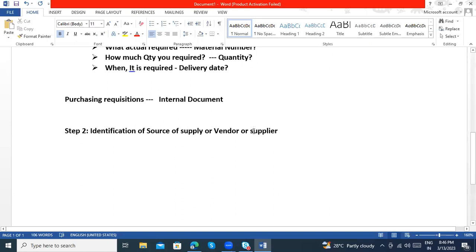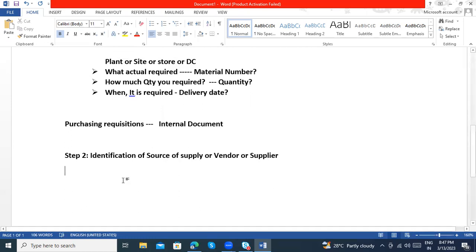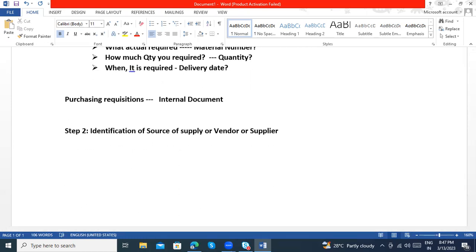As a part of this identification of source of supply, how will you get this information? How will you identify the vendor?